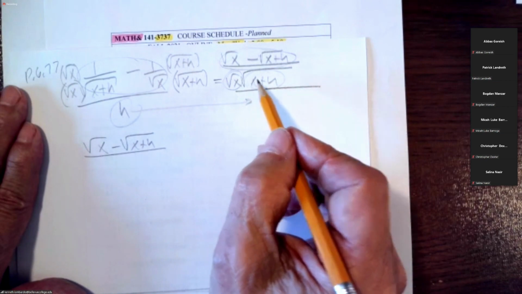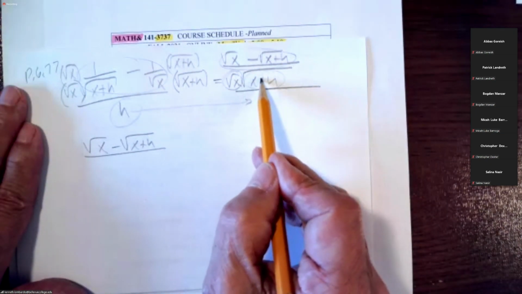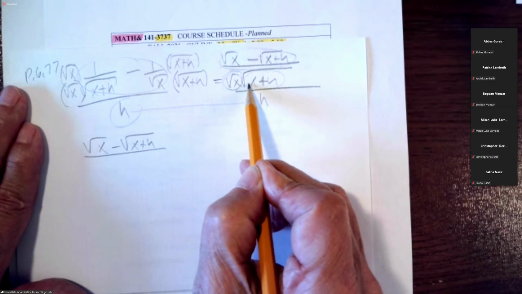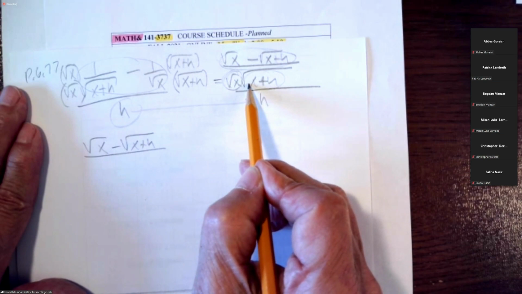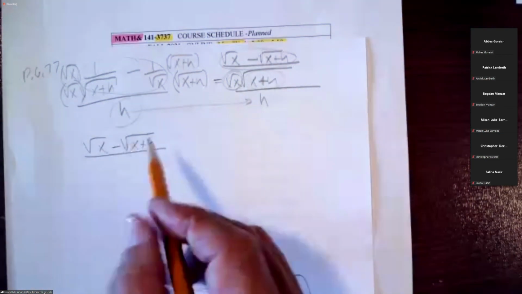I'm sorry, could you repeat that? Yeah, I had a root x out here and a root x plus h. If I move this root x plus h under the radical, what am I going to have? x squared. So you can simplify that to x square root h over h. Is that correct?